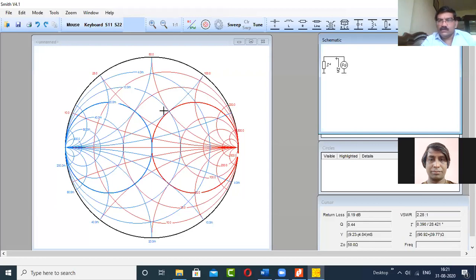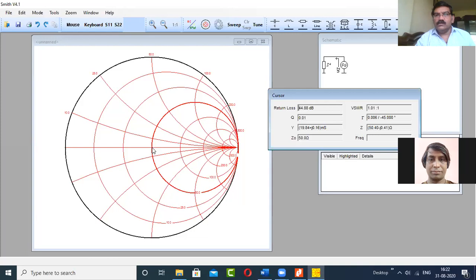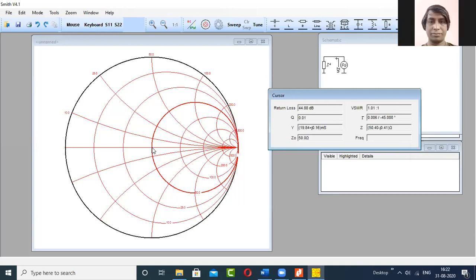Suppose I place the cursor at the center of the Smith chart, this is not the exact center, but almost at the center. So you will see on the right hand side this window. You can see that it is almost 50 ohm, and you can also see the admittance for the impedance, then quality factor, return loss, VSWR, reflection coefficient, all these can be seen, and the reference can be chosen by you.